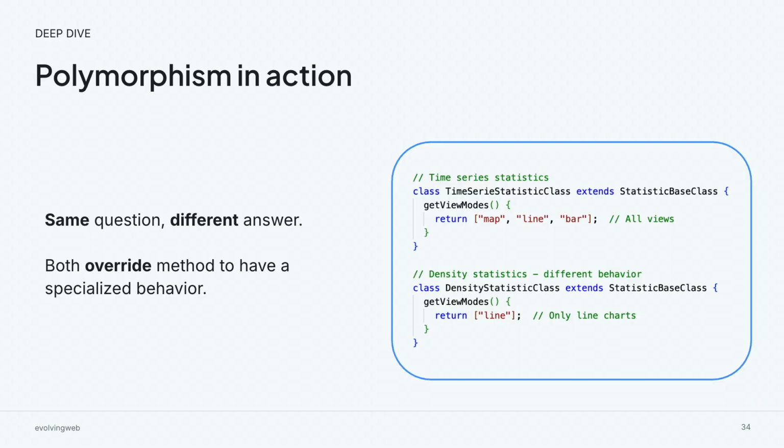This code means that you can define a different list of view modes depending on which class you are going to use. For example, for the time series, we're going to enable map, line, and bar charts. But for density statistics, we're just going to enable line charts.